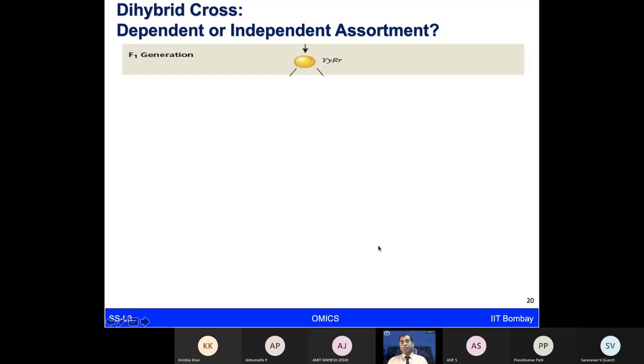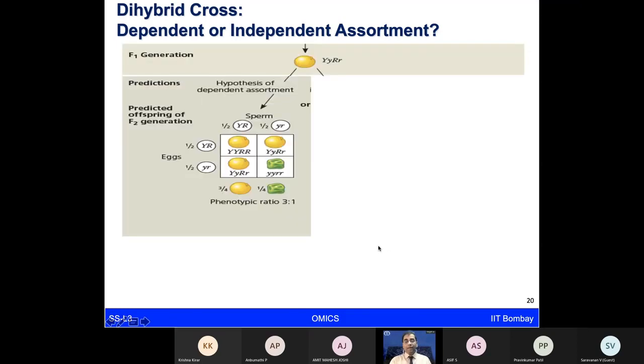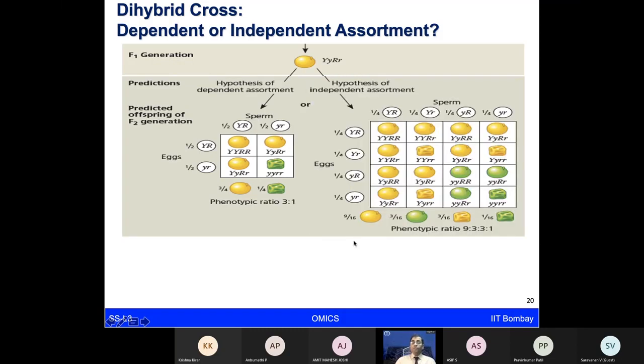If they have dependent characteristics, then the ratio will remain the same, even if it is a dihybrid cross. But if they are independent, they are going to segregate separately, like two separate monohybrids, then the outcome will be very different, and we might get a ratio of 9:3:3:1, unlike 3:1 if it is dependent.